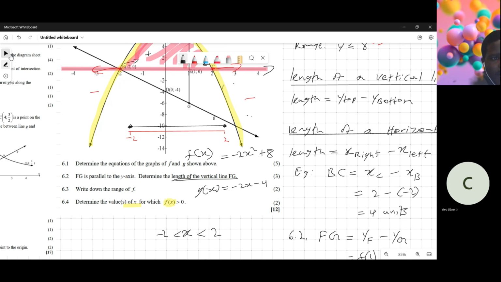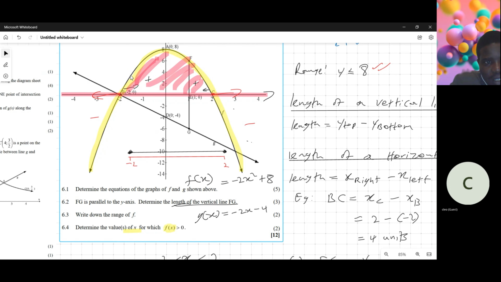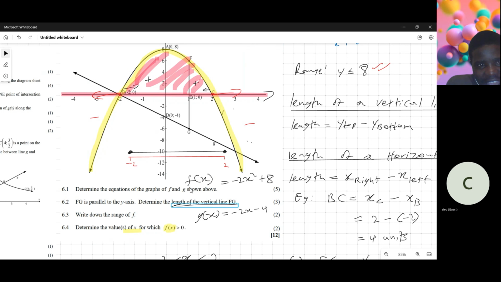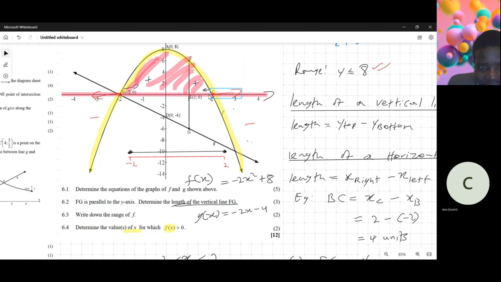And then if we go to the right, we see that the graph will be above the x-axis, meaning it will be positive. Do you see that? Yes. It will be positive if x is greater than -2, going to the right. And then if x is less than +2, the graph will still be above.